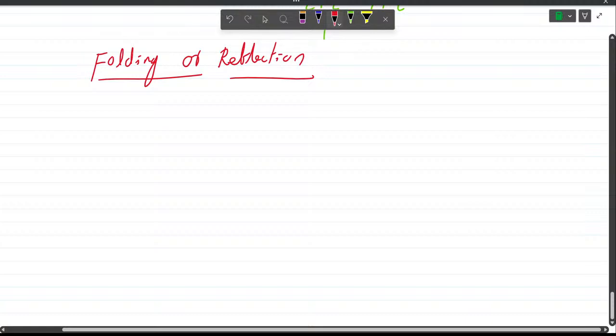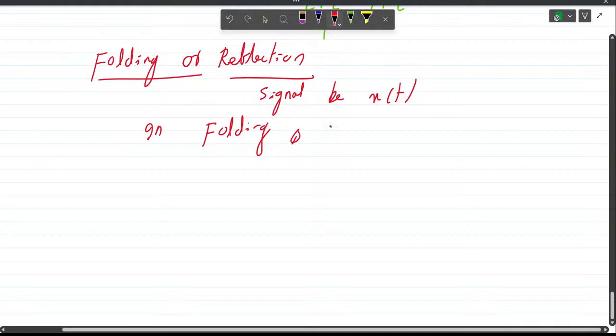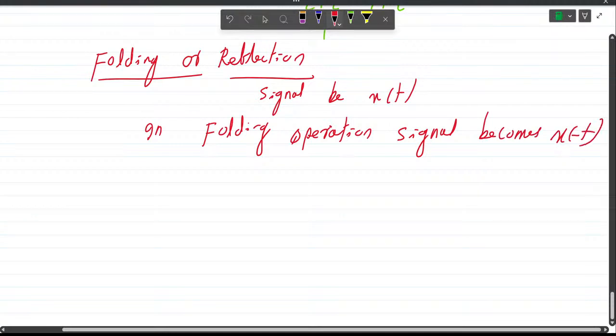Let the signal be x of t. The folding operation, the signal becomes x of minus t.